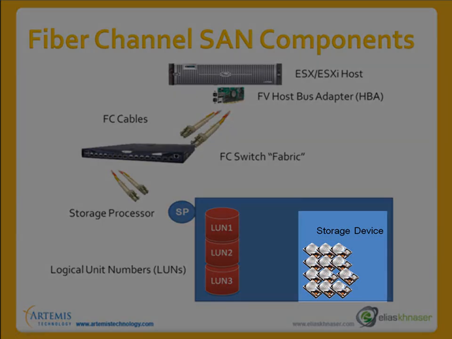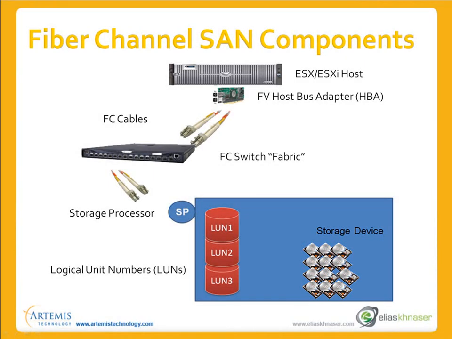And the last component of the SAN is the physical hard disks. This is where it becomes interesting, because in a SAN you can expand the SAN as much as you want. The more trays of hard disks you put in the SAN, the bigger the SAN becomes. As the SAN administrator, you can take however many disks you want, 1, 2, 3, 10, carve up enough disk space, and create a LUN out of it.